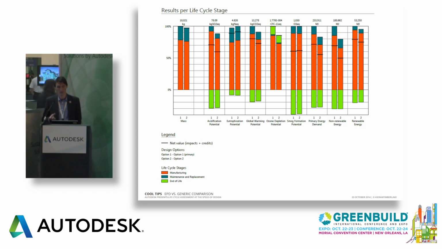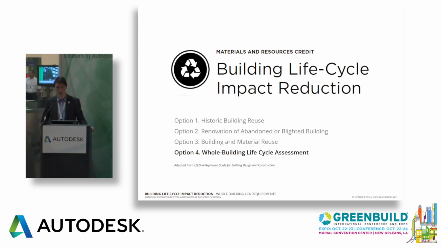We were able to see that there's significant reductions in the manufacturing process in virtually every impact category. So, as EPDs evolve industry-wide, I think this can really start to become a tool that can really tightly integrate with specifications as well and really drive a sweeping change.